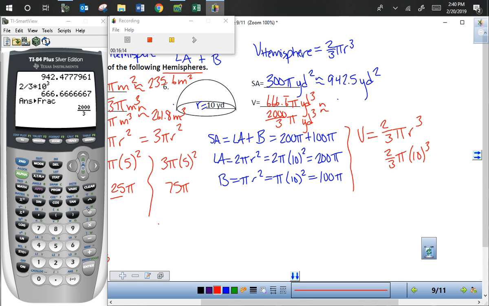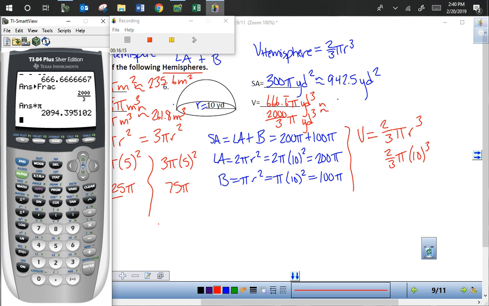Decimal stays the same, so we're going to multiply by pi to get about 2,094.4 yards cubed. So that's how we want to set them up for the hemisphere. Just like we've been doing surface area of everything else, lateral area plus some number of bases. We've got one base when we split a sphere in half.